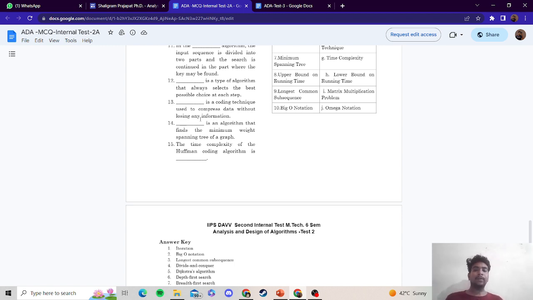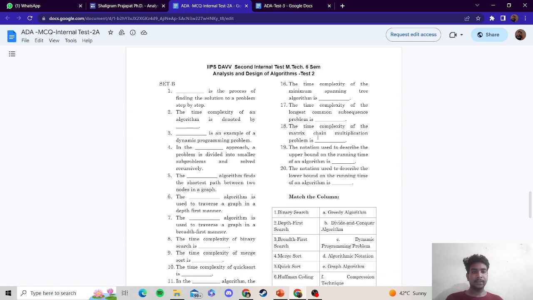Question number 15. The time complexity of Huffman coding is order of n log n. Now coming to question number 16, the time complexity of the minimum spanning tree algorithm is order of m log n. The time complexity of the longest common subsequence problem is order of m and n.